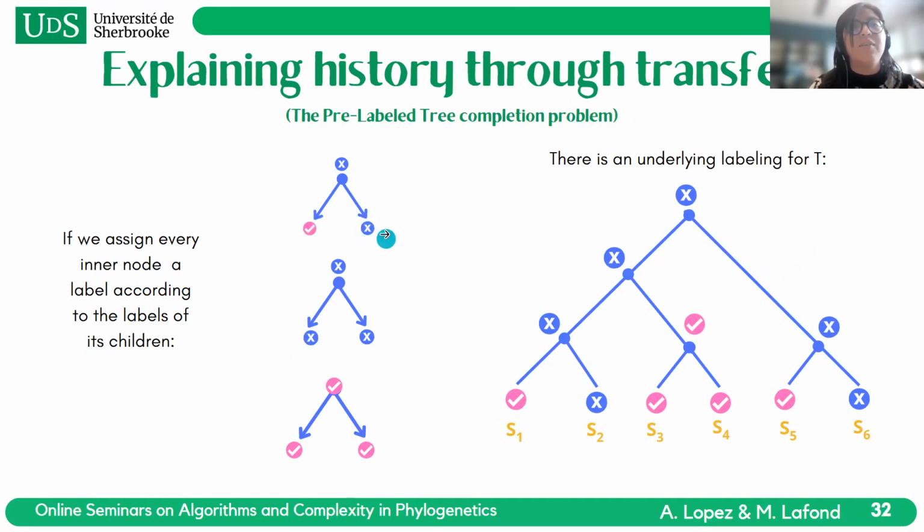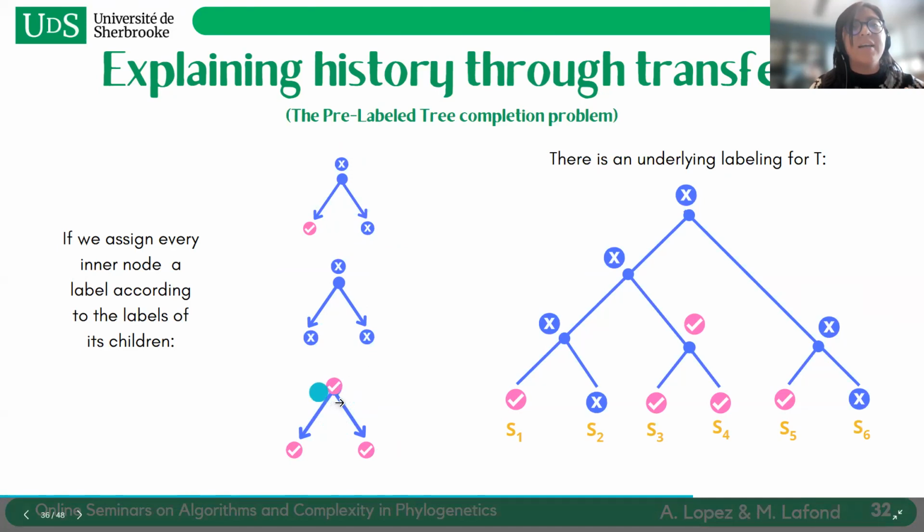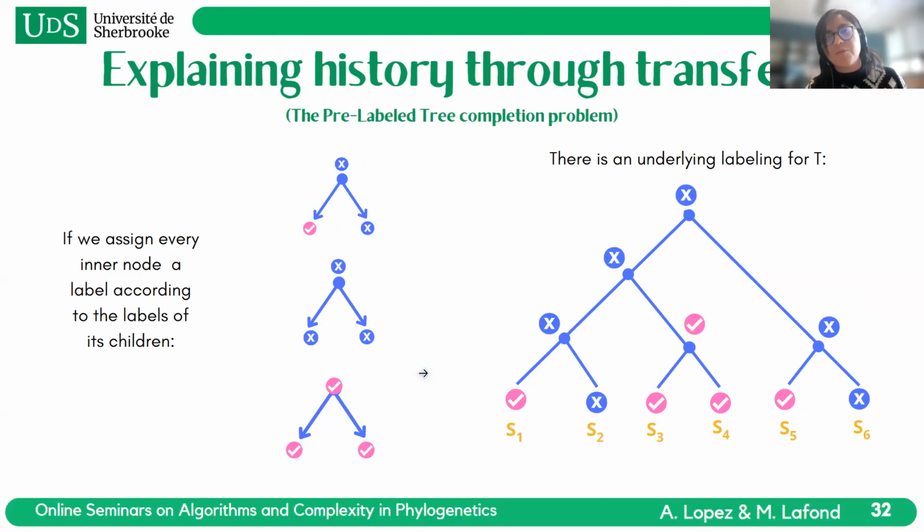For example, if you have a child that is an on token or an off token, we will assign an off token. And we will only assign an on token when both of your children are on nodes. In this way, we end up with a tree that already has some implied labeling.